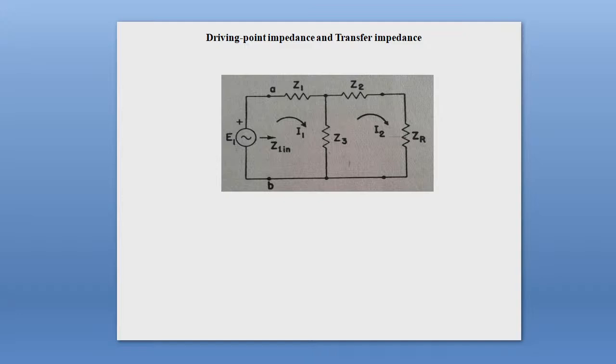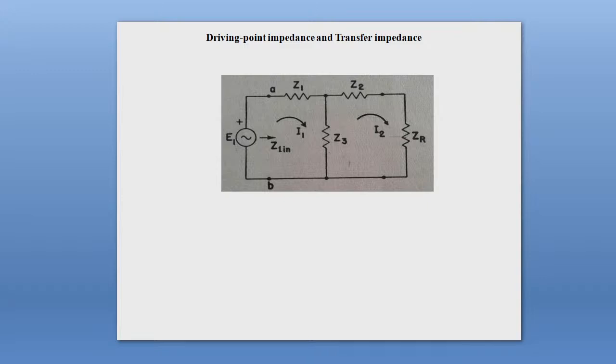So far we have discussed circuits consisting of resistor, capacitor or inductor. If a circuit consists of impedance, a complex term, then we need to understand two factors. One is driving point impedance and another one is transfer impedance.